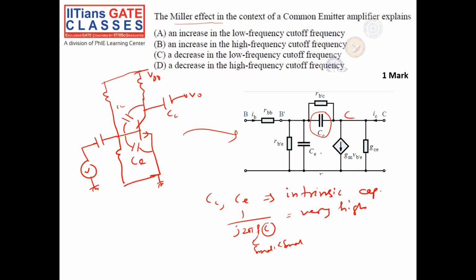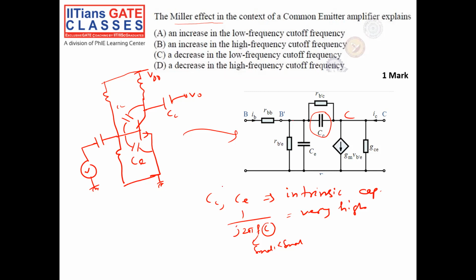So in lower frequency and mid-band frequency, even if the capacitors are there, they will not affect the operation so much because the impedance is very high. I can treat them as an open circuit. So the intrinsic capacitors in the transistor will not come into the picture in low to midband frequency because the impedance offered by them is very high.